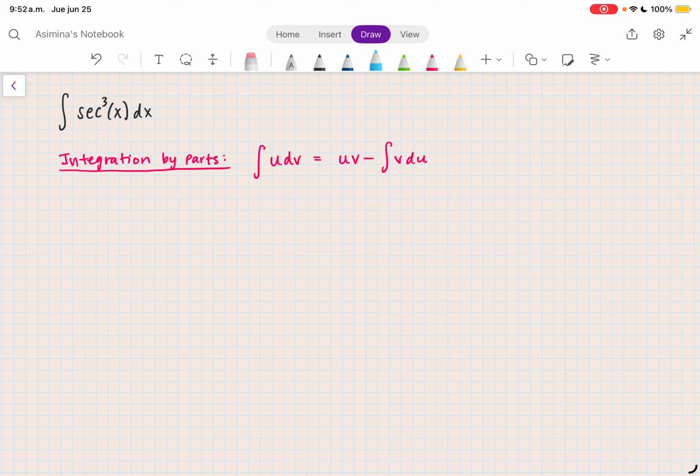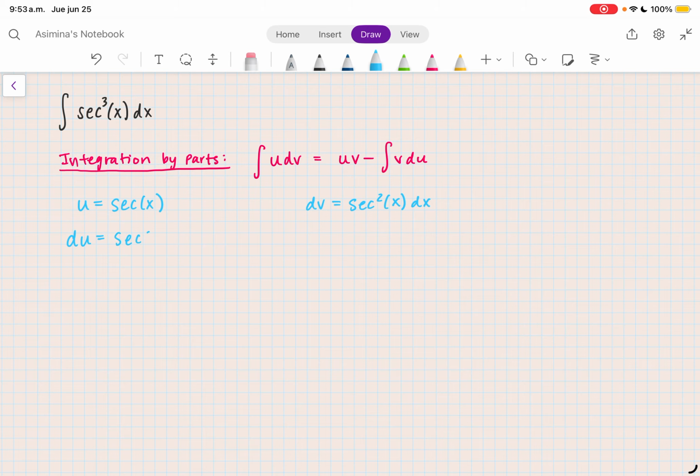Well, I can let u be secant of x. So then dv would be the rest, which is secant squared x dx. Now, if u equals secant, then what's du? What's the derivative of secant?